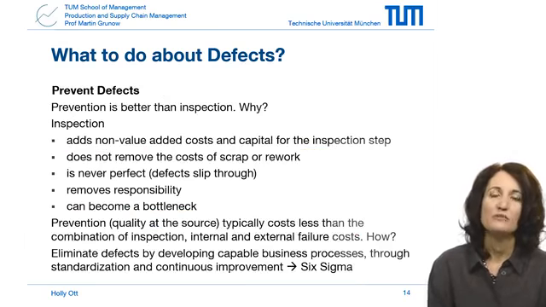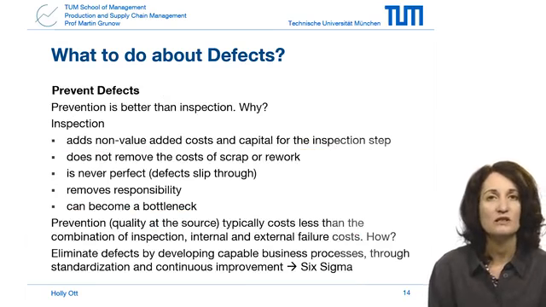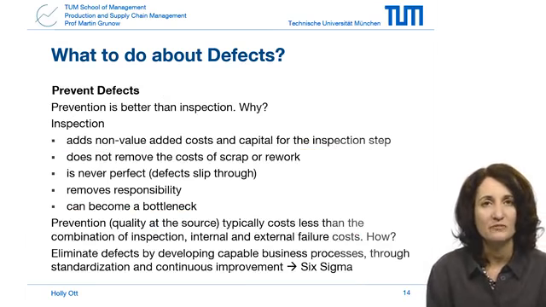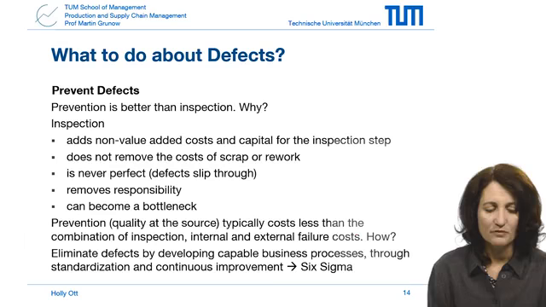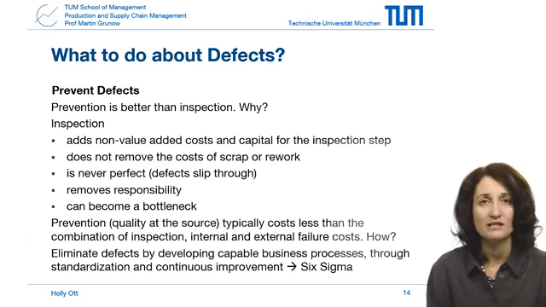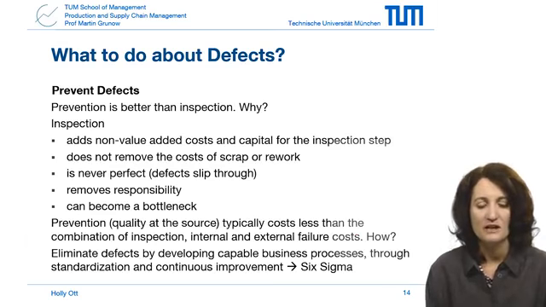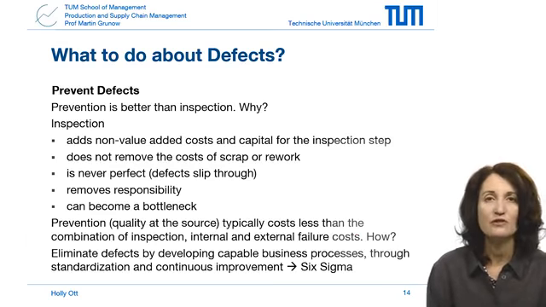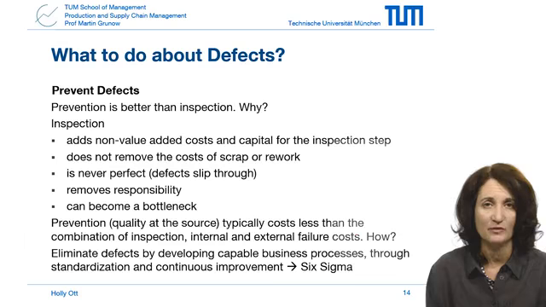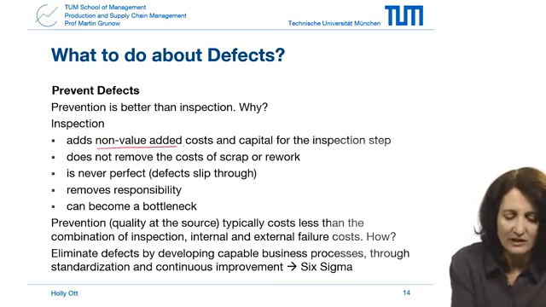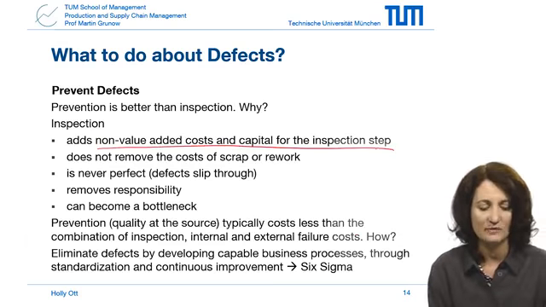And finally, preventing defects. Well, there's a lot of costs going into preventing, but you've got to make sure that you have the right type of, as we were just saying, automatic checks. You've got to put the time in. If you just have an inspection at the end of the process, you've got these non-value added costs and capital just for the inspection.